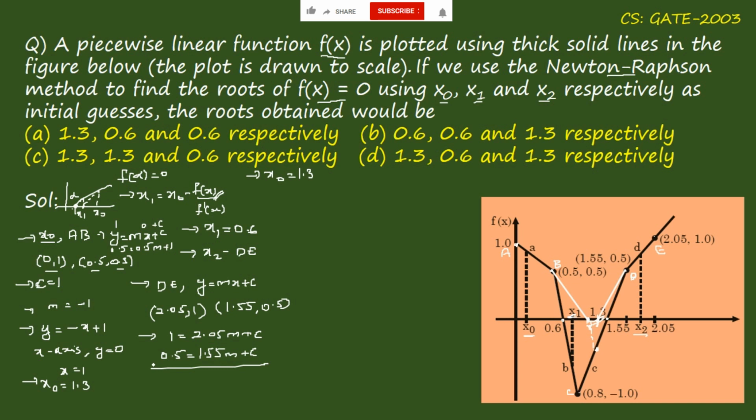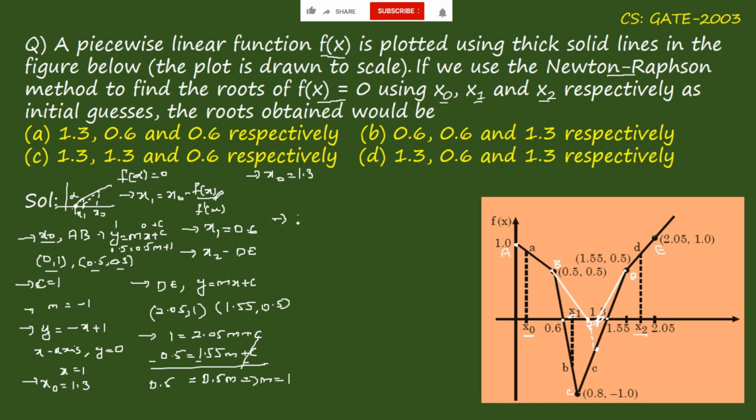Just subtract the values, so c gets cancelled, which gives us 0.5m = 0.5. Then the value of m is 1.